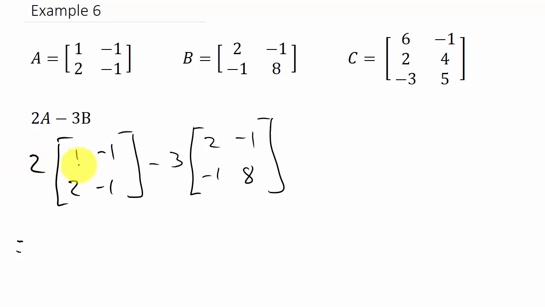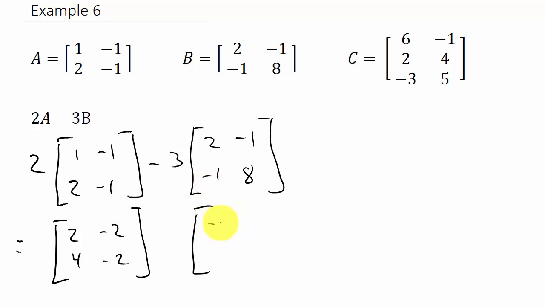So I multiply the 2 times each term, and then I'll multiply the minus 3 times each term. So that's going to give me 2, negative 2, 4, negative 2. I just multiplied the 2 times each term. Now let's multiply the minus 3 times each term. Alright, so that's going to be negative 6, 3, 3, negative 24. Okay, and then this would be a plus. If you multiply through by minus 3, this sign's going to be a plus.